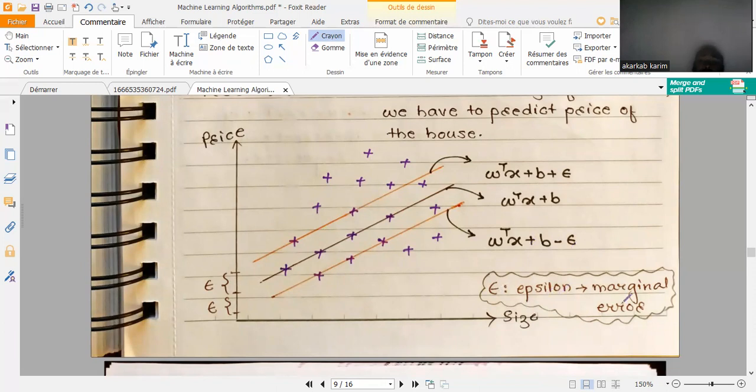Epsilon is the marginal error, so we have some errors here. In this case of regression, we have continuous values. We need to predict a continuous value based on the historical or provided data. This is the equation. We have the same things, we are just adding this epsilon here.